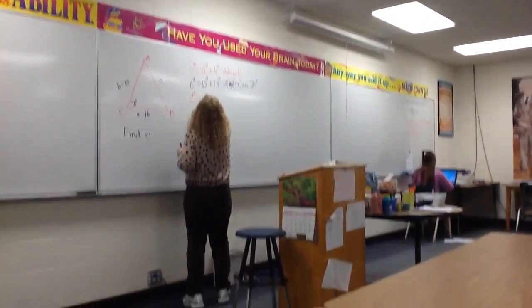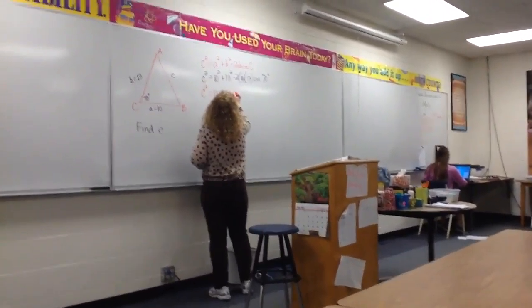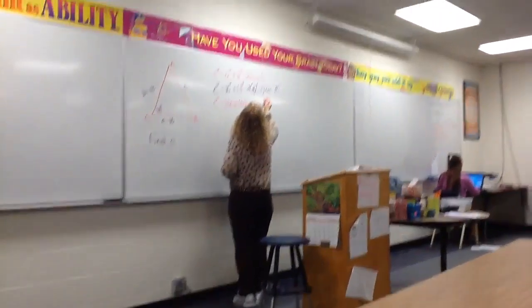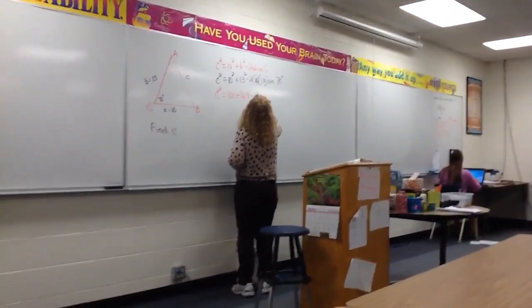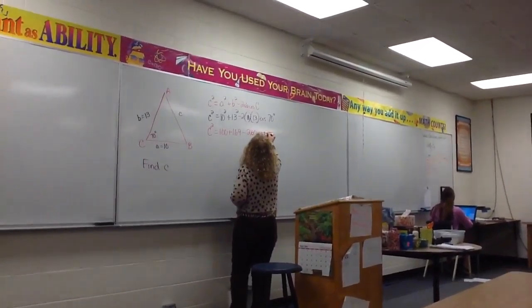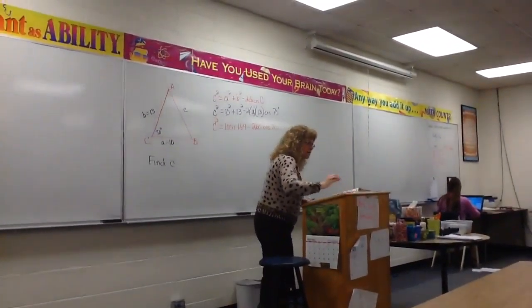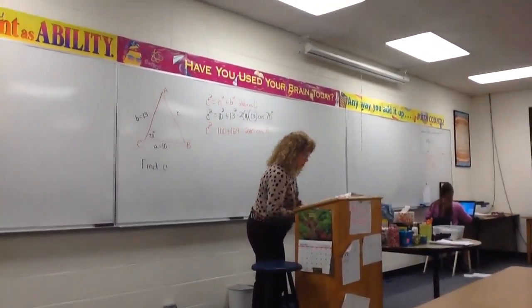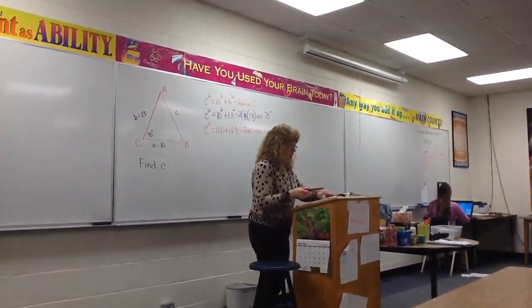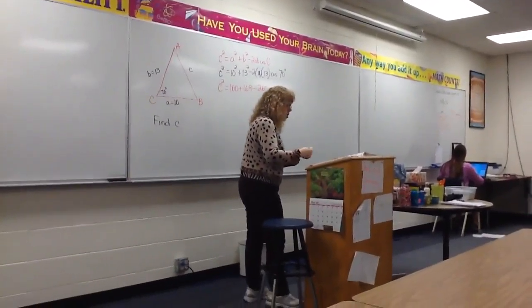C squared equals 100 plus 169. Let's see, 130, 260, I think. I don't know what the cosine of 70 is. Someone might have to help. We've got to write the whole thing, though.